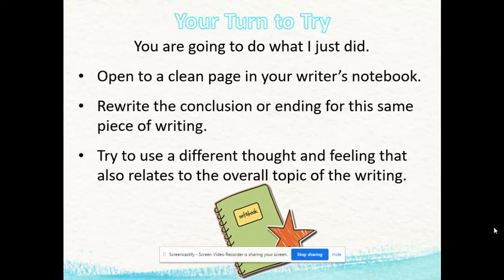Now remember, important thing: you may feel differently about wearing uniforms. You may think uniforms are the best thing in the world. But this essay was written as being against uniforms, so your conclusion must reflect that. Your conclusion must be written against uniforms. Don't try to rewrite the conclusion to make it a pro-uniform essay.